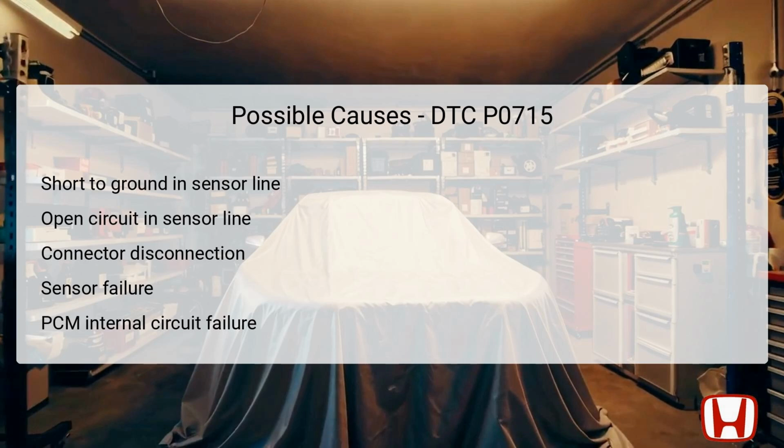It's essential to inspect the wiring and connectors for disconnections, as this can be a straightforward fix. In some cases, the sensor itself may have failed, requiring replacement. Additionally, a malfunction or failure within the PCM's internal circuit can result in the sensor being incorrectly interpreted or ignored by the vehicle systems. It's crucial to methodically check each of these potential problems to arrive at an accurate diagnosis.